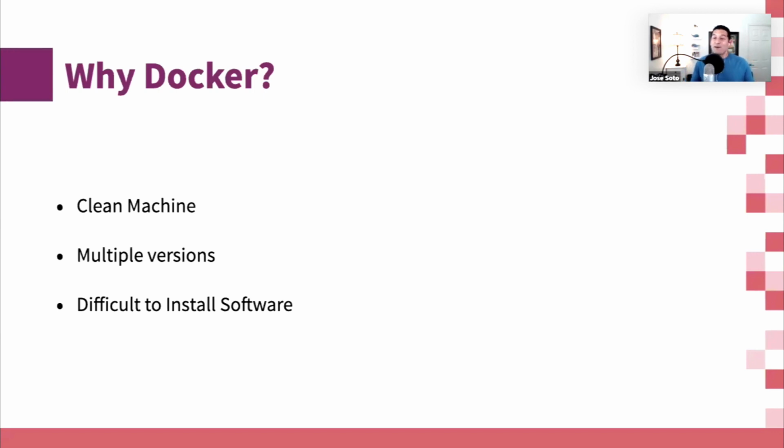If you ever try running MySQL version 5.7 and MySQL 8 at the same time on your machine, you're going to have a really bad time. And also, some software is just difficult to install. Some of them require a lot of steps to get set up properly, which those steps are kind of wrapped up inside of your container. Some software is just impossible to install. If you think about something like MySQL or a Microsoft SQL Server, you can't install that via Homebrew.